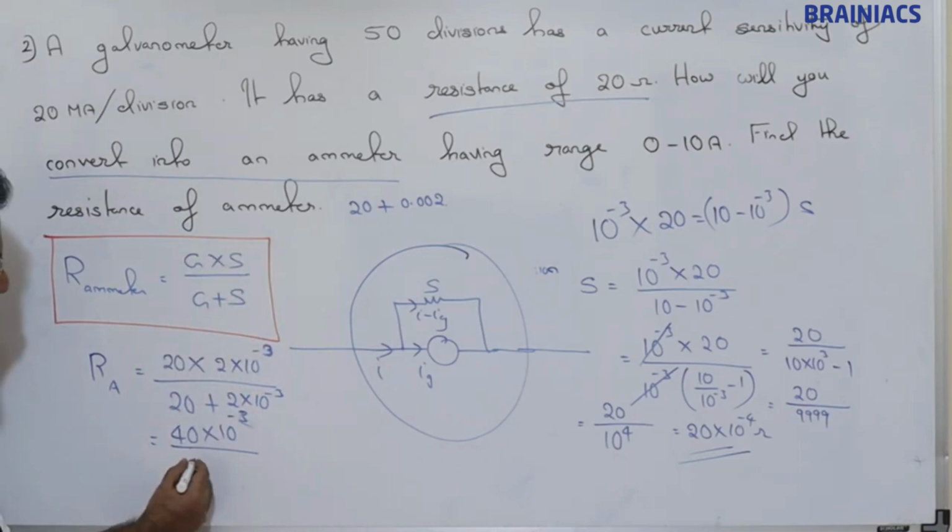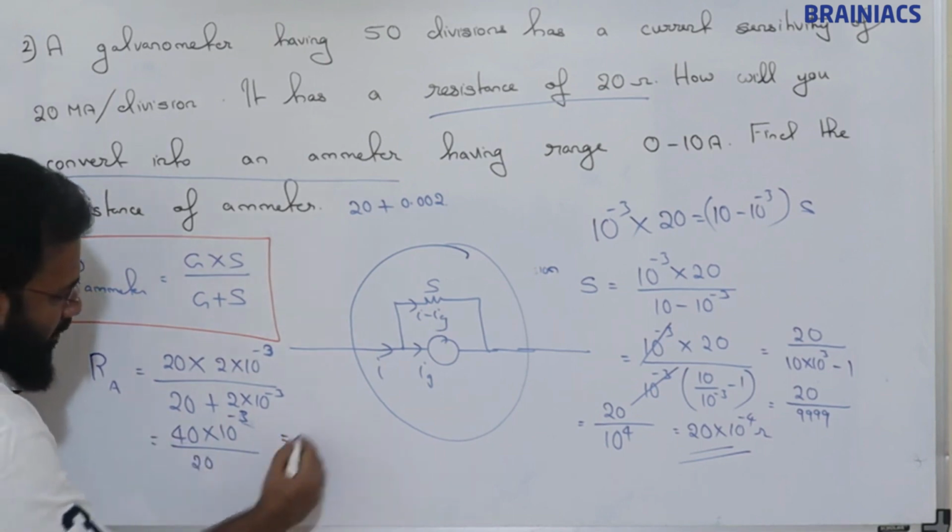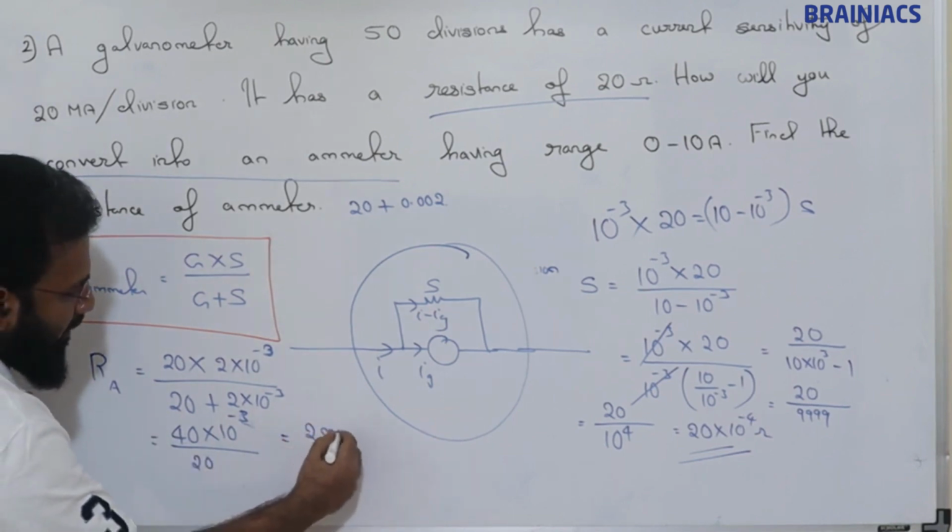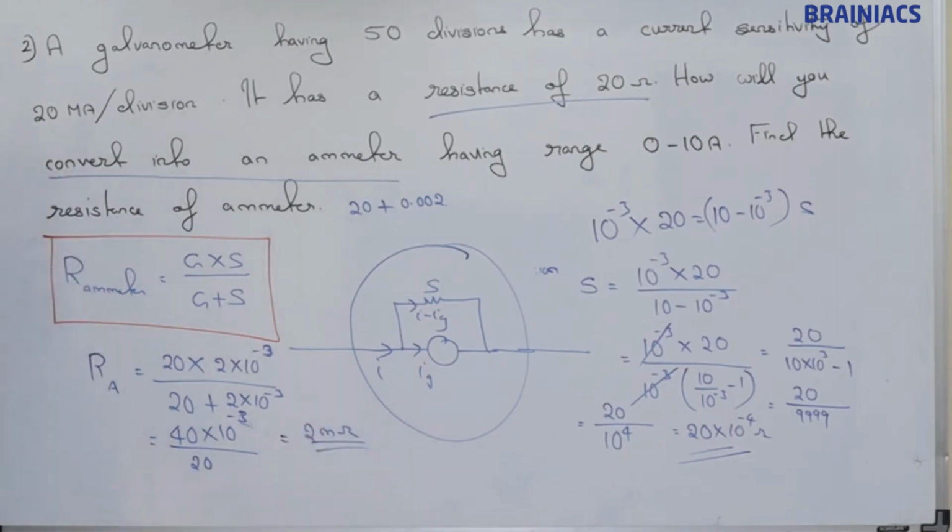So simply I can write this as 20 itself. So we will be getting 2 milli ohm as the resistance of the ammeter. Even if we solve this exactly, we will be getting 1.9998. The resistance of the ammeter is 2 milli ohm, almost like the shunt resistance.